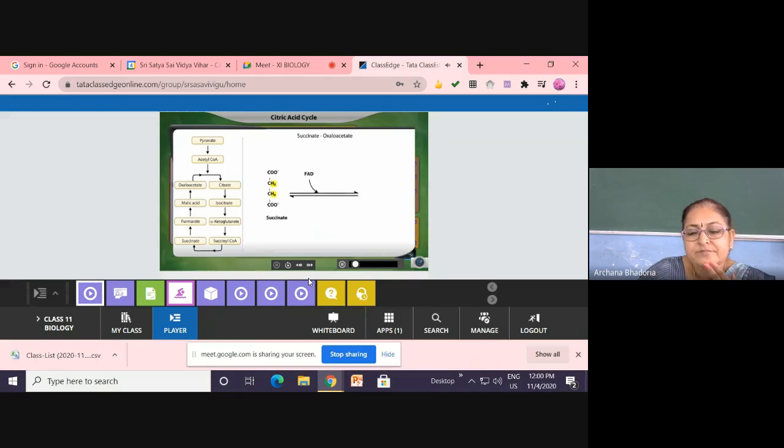Succinate is dehydrogenated by succinate dehydrogenase to form fumarate. Now note down. Succinate getting converted into fumarate. An enzyme needed is succinate dehydrogenase. So hydrogen removed will be accepted by FAD, which will become FADH2.